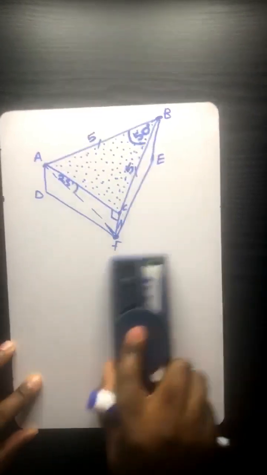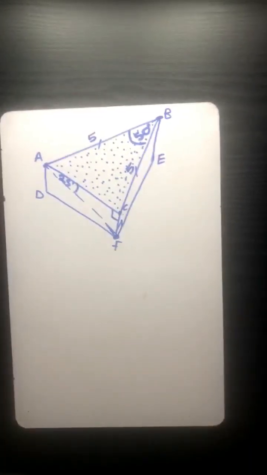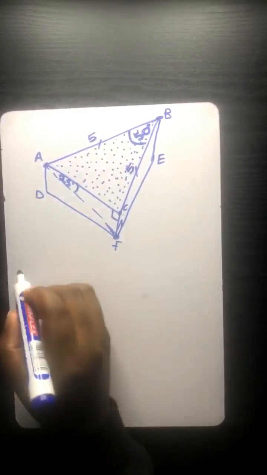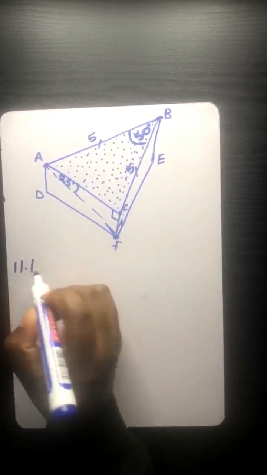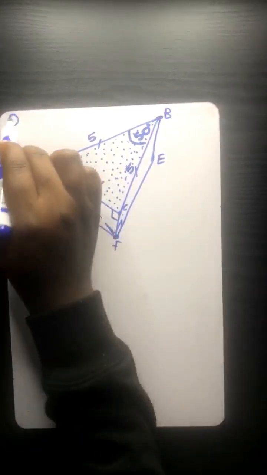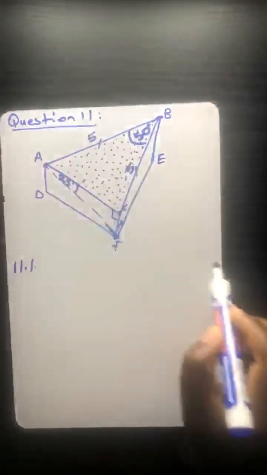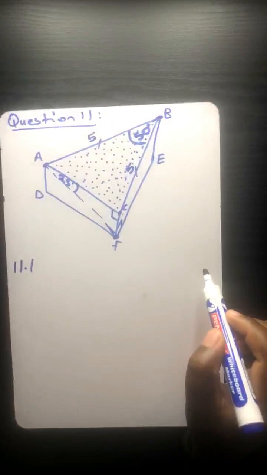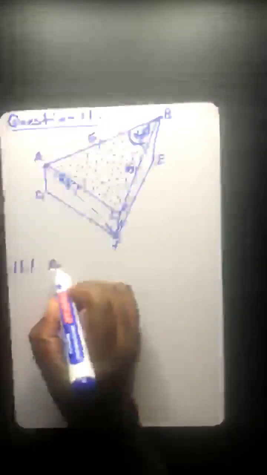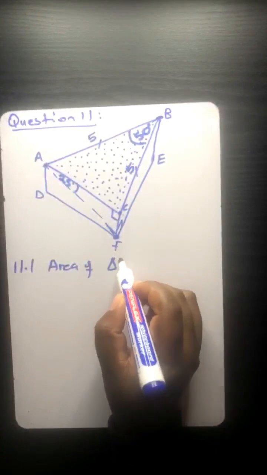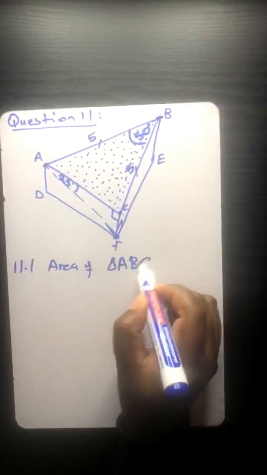So now let's have a look at the questions. This is question 11 that we're doing, honorable members. They're saying, determine the area of triangle ABC.